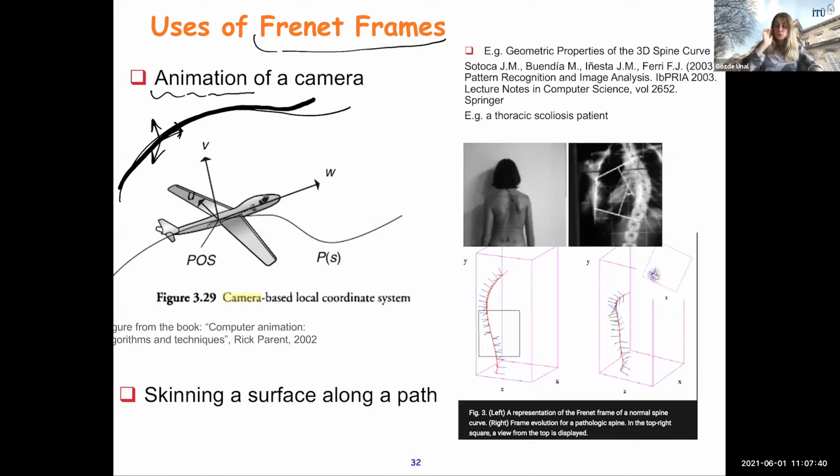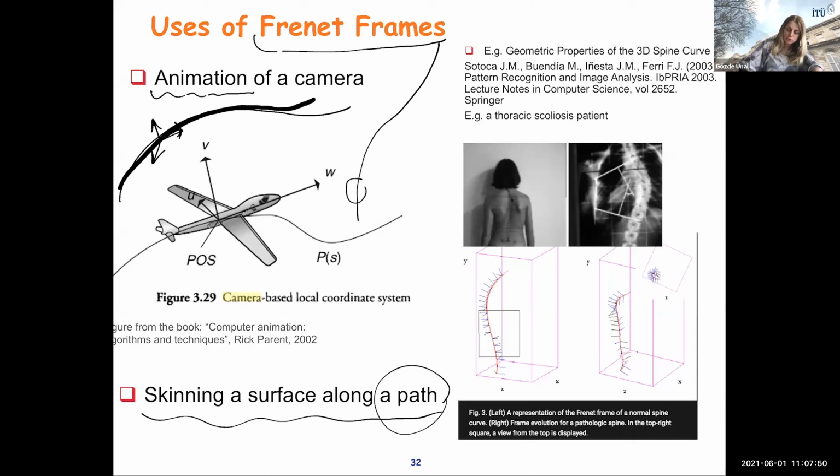That's one use. We also have another use, skinning a surface along, again, a path. Path and trajectory are important. So give me a path. I could start placing spheres along it, and then create a surface along that path.